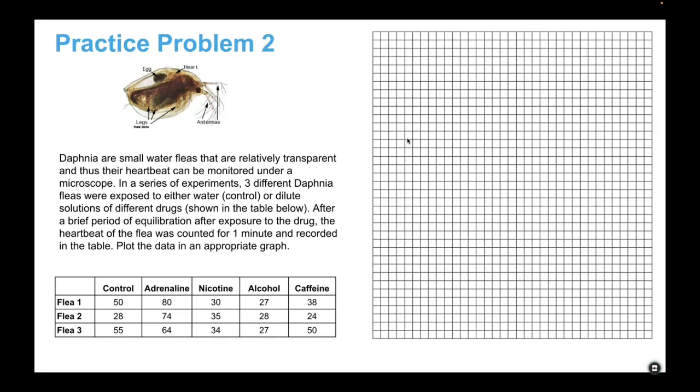All right, now you have a third example of Daphnia, which is a water flea, and their heart rate based on different stimulants. So you have different stimulants. So this is a category. What type of graph do you think you're going to be using for this? All right, and so you should have said bar graph because it is categorical data.